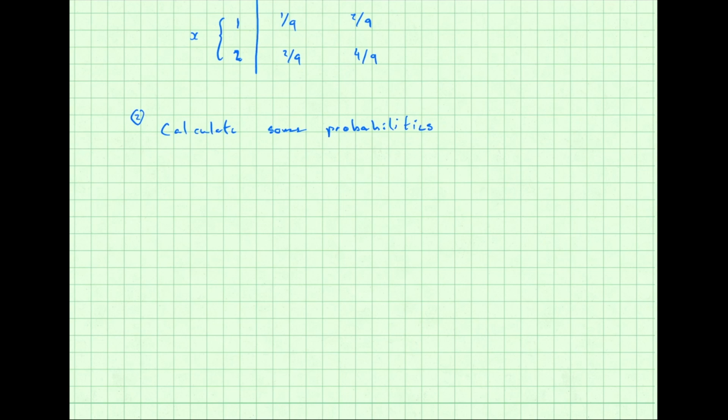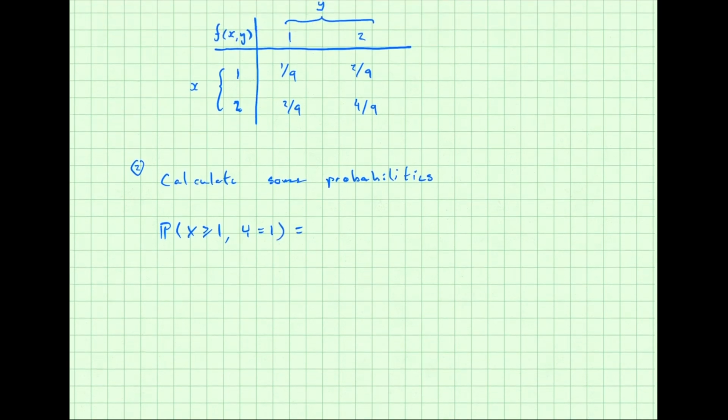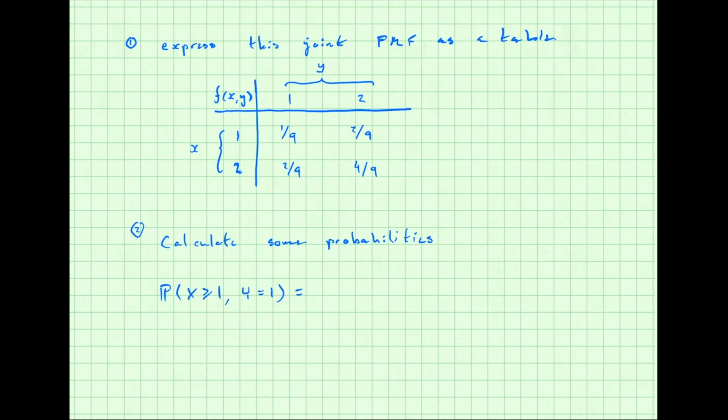The first one is, what's the probability that x is greater than or equal to 1 and that y is equal to 1? We go back up to this table and look. If x is greater than or equal to 1, that's kind of a funny way to put it, since x is only ever greater than or equal to 1 in these cases. So any value of x, but y is equal to 1. We're after both of these, so we're going to add those up.